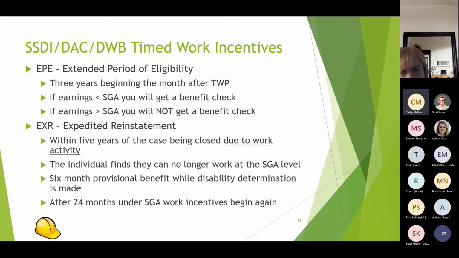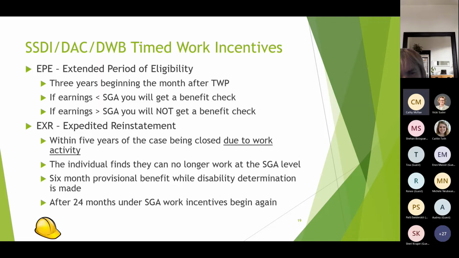So the next time period that we're looking at in terms of work incentives for SSDI is the extended period of eligibility. The extended period of eligibility is 3 years, and it starts with the month after your trial work period ends.